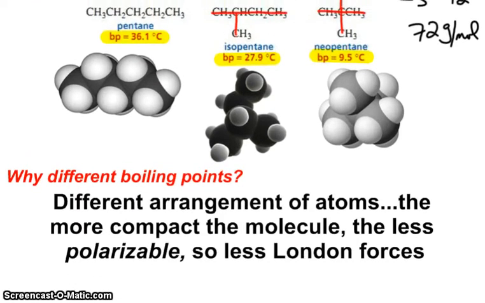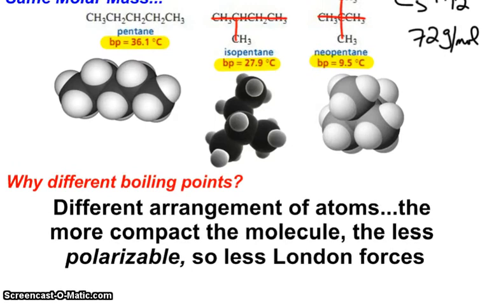As you see, a different arrangement of atoms causes this. When your molecule is more compact, it is less, that word we just used, polarizable. Okay, we don't see as big of dipoles, those instantaneous dipoles, forming when the molecules are more compact. Because of this, there are fewer London forces, and because of that, we have a decrease in the boiling point.